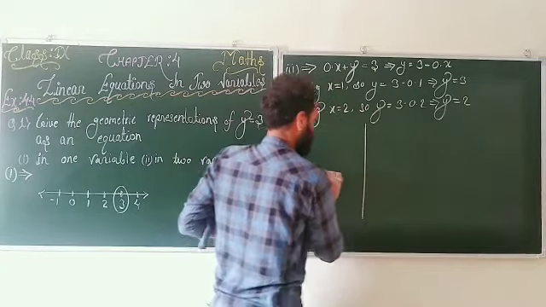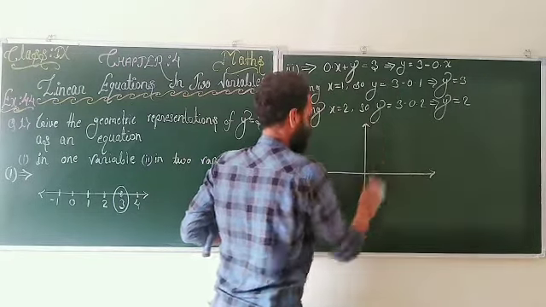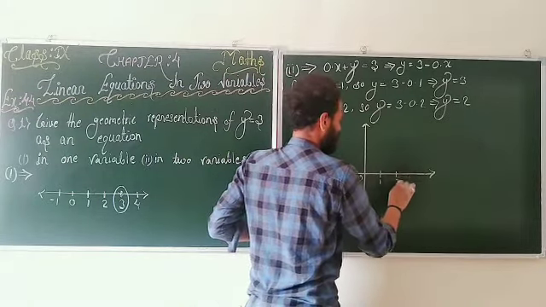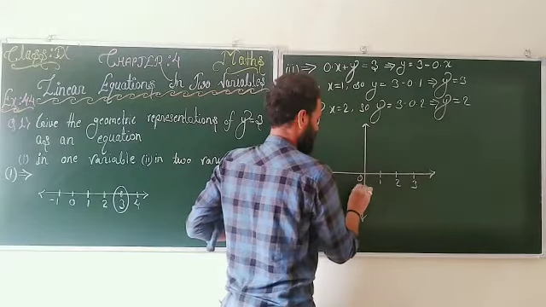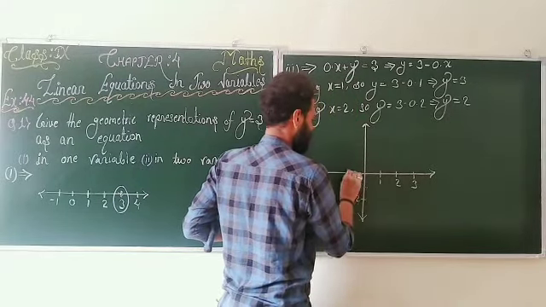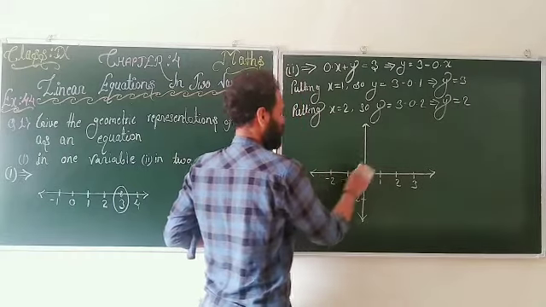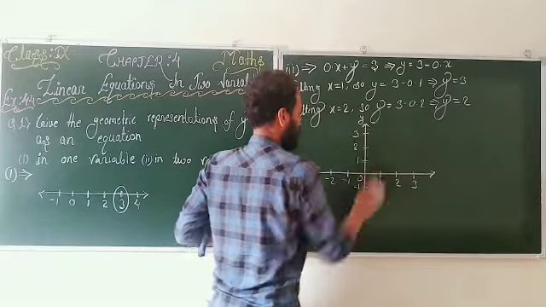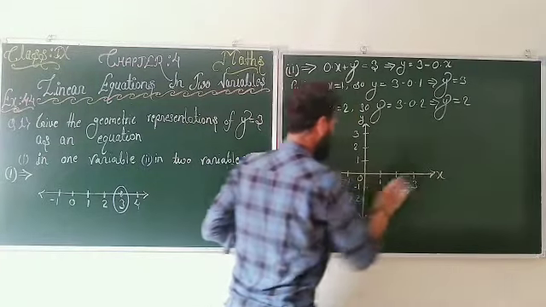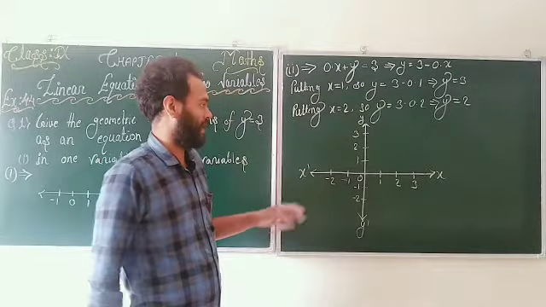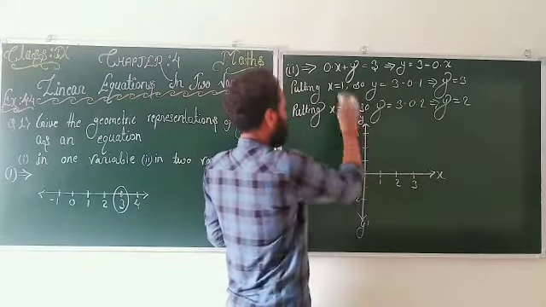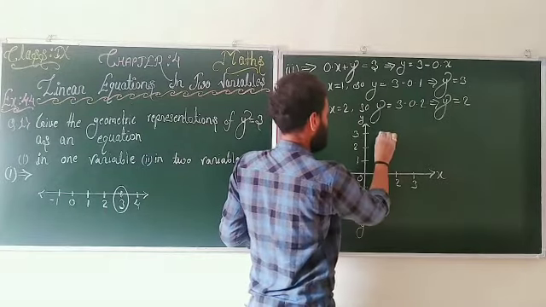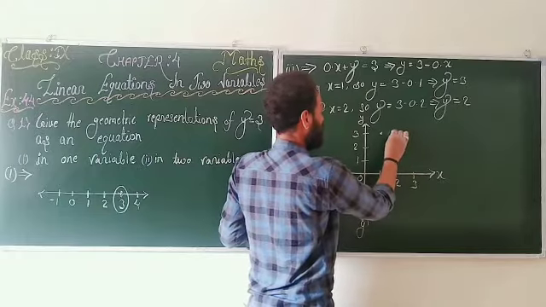And when we represent this on the graph, on the Cartesian plane, with 0, 1, 2, 3, minus 1, minus 2, that is y dash, and this horizontal line is x and x dash. So here when x is 1, y is 3. When x is 2, y is 3.